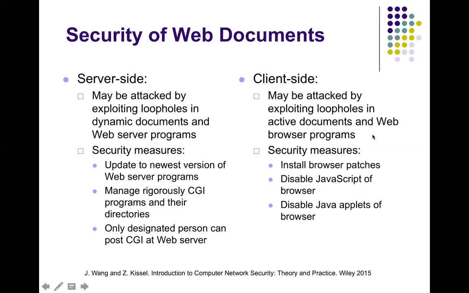On the client side, again, it is the active programs that would cause security concerns. So it may be attacked by exploiting loopholes in active documents and web browser programs. And actually, if you download an applet from a website, that is just an executable.